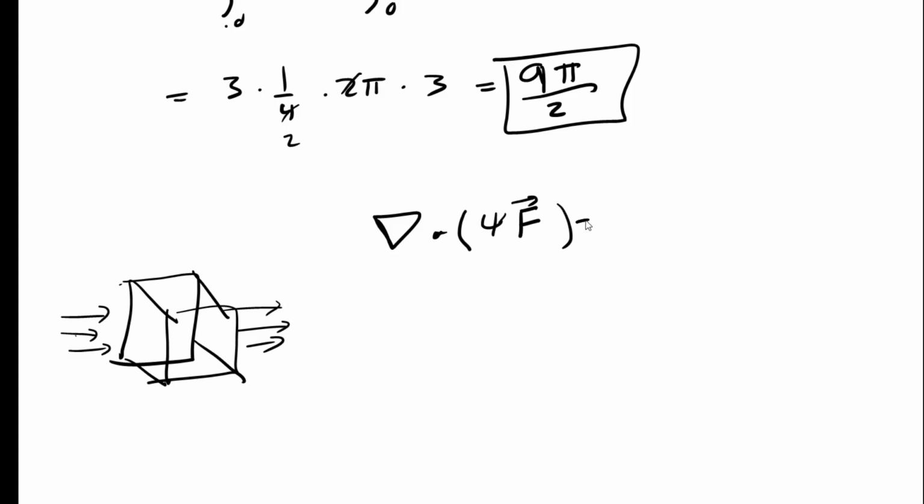The divergence of their product is going to be the gradient of phi dot f plus phi times the divergence of f.